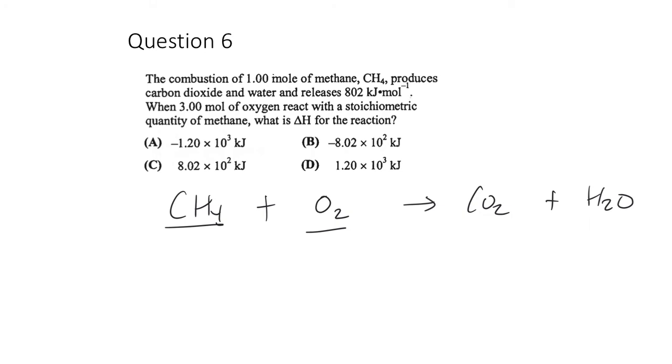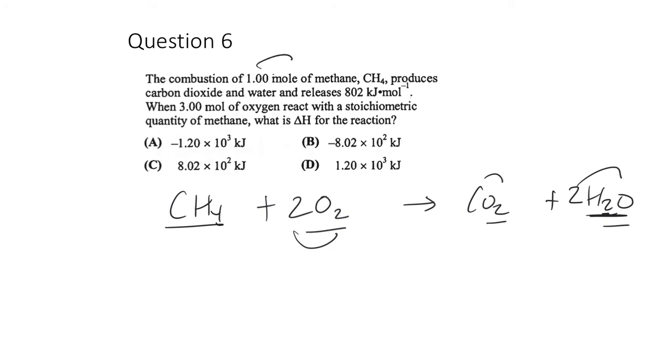This is going to have to be producing 2 waters, giving me 2 times 2 for 4 hydrogens on both sides, and that's 2 O2 molecules. So that gives me 4 O atoms, and that gives me 2 plus 2 for 4 O atoms over here as well. So we're balanced here, CH4 with 2 oxygens, and so CH4 releases 802 kJ when 1 mole reacts.